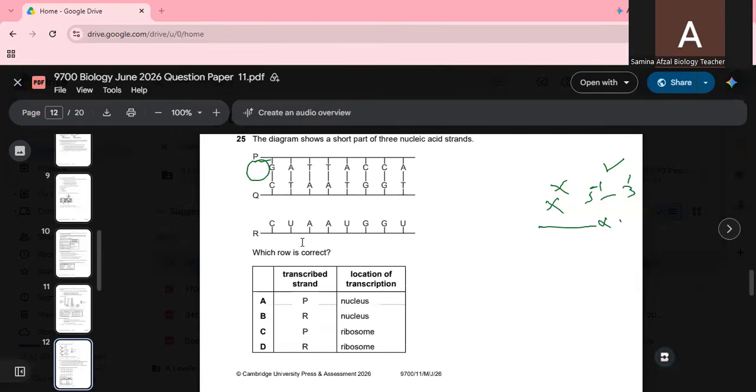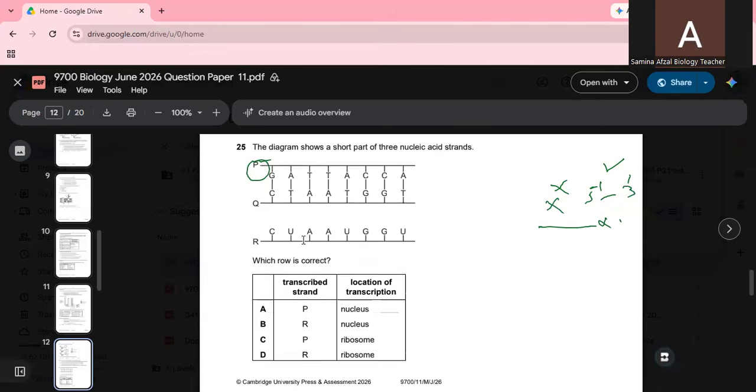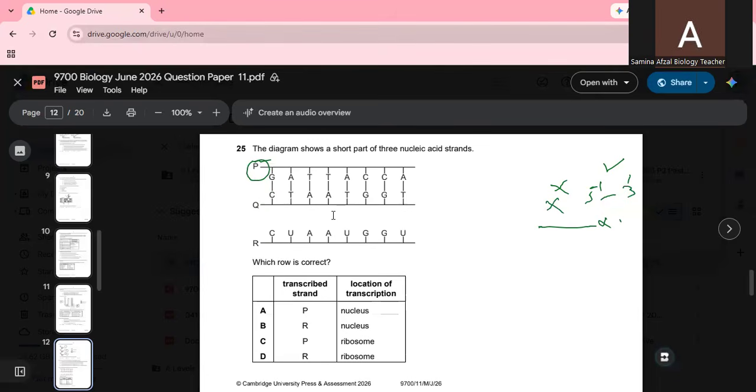Now, question number 25 is there. The diagram shows a short part of 3 nucleic acid strands, you can see on P and Q. So here they have shown the location of the transcription, the nucleus, and the transcribed strand.